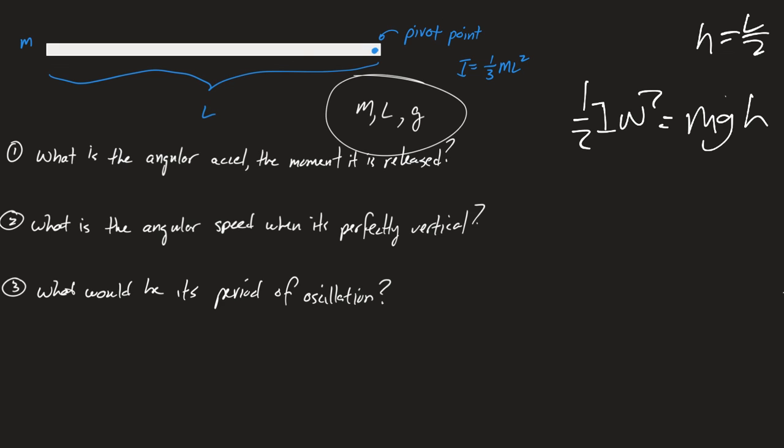All right, let's ask that. Do you guys understand why, in this case, h is going to be L over 2? It's the center of mass of the meter stick that changes height. Excellent. You're doing fantastic.